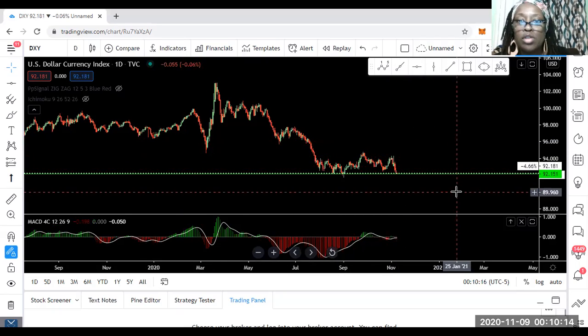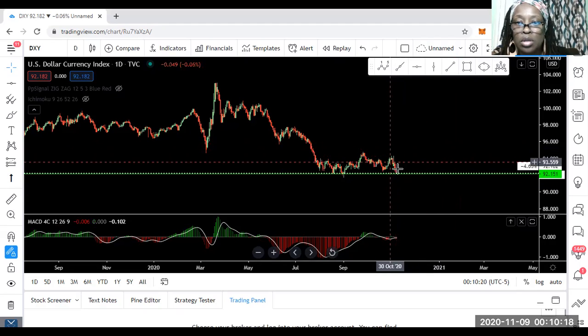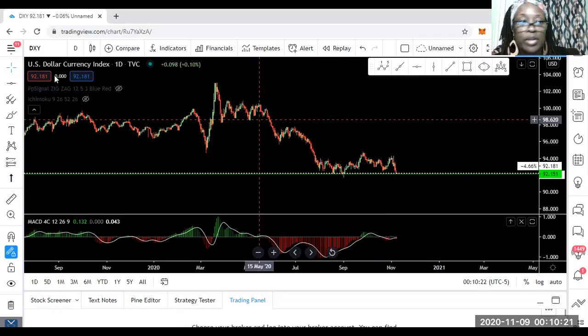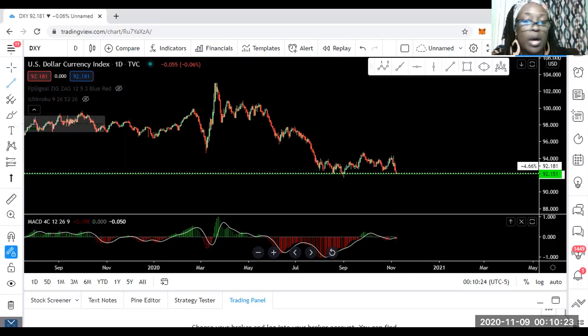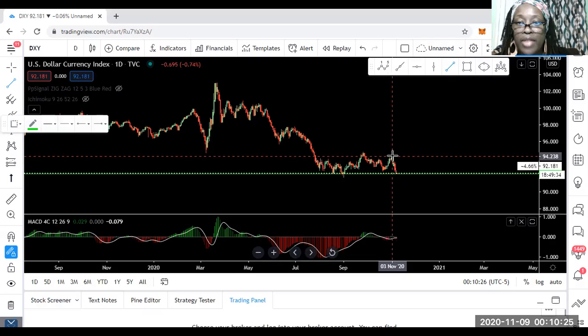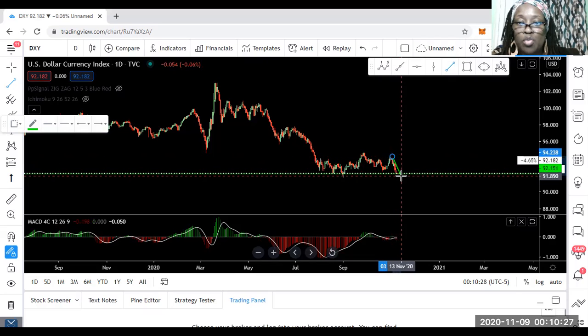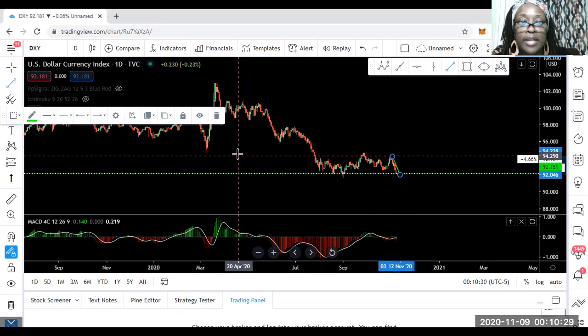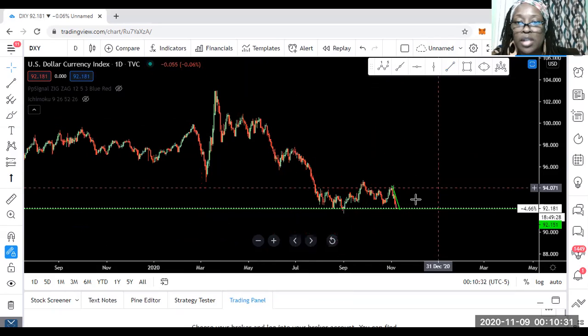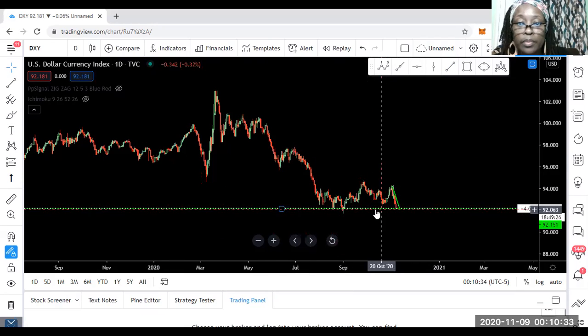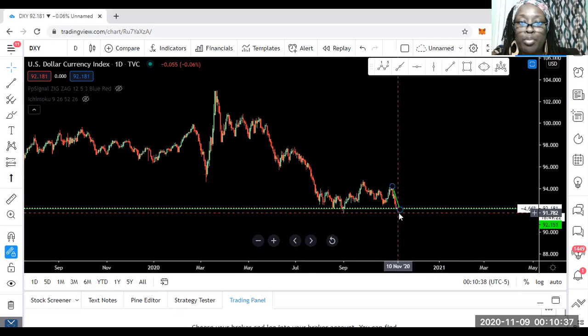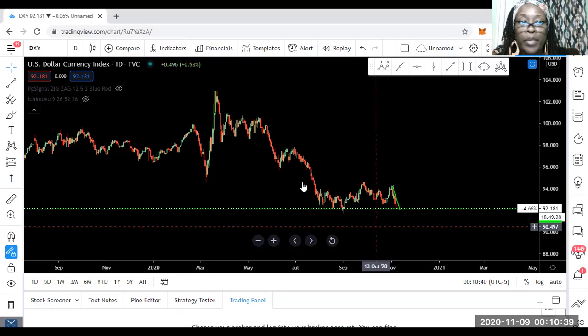Also, what else do I see here? I do see, of course, this downward trend here, so I'm going to go ahead and identify that as well. Price is moving down in this area right there, and of course, it moved down and reached the floor, the support. I am looking for price to come back up.